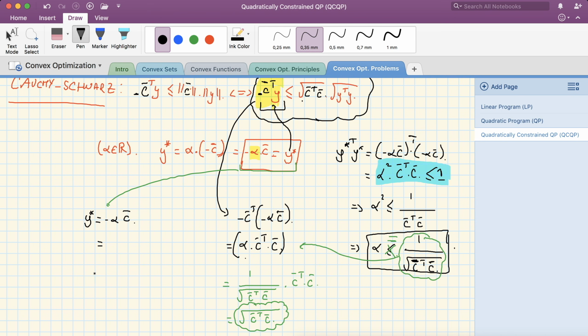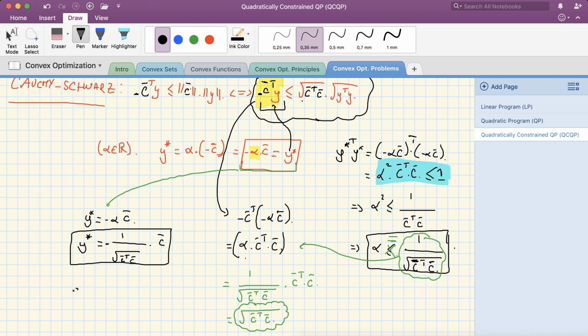So replacing this alpha right here, the upper bound, we get 1 over square root of c bar transpose c bar, and we're left with a c bar, and don't forget the minus, so minus.